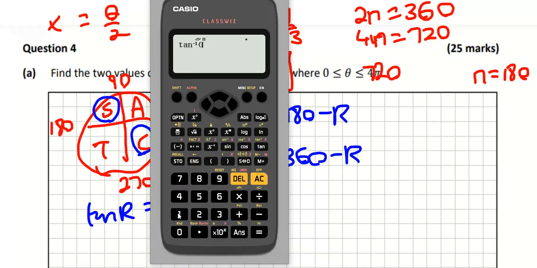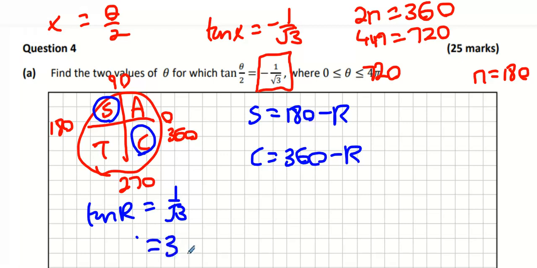Shift tan inverse 1 over root 3, and what we're going to get is 30 degrees. Put your R equals 30 and you get 150 and 330. That's what we're looking at right there.